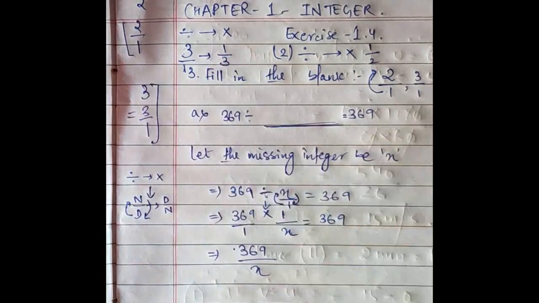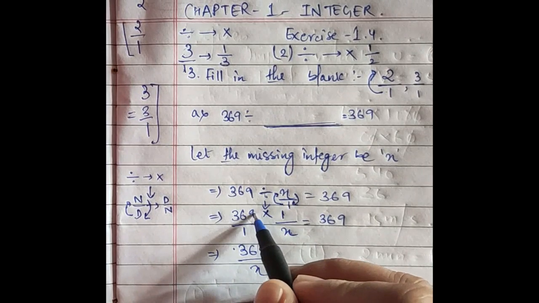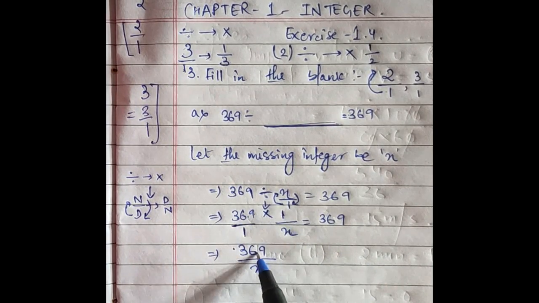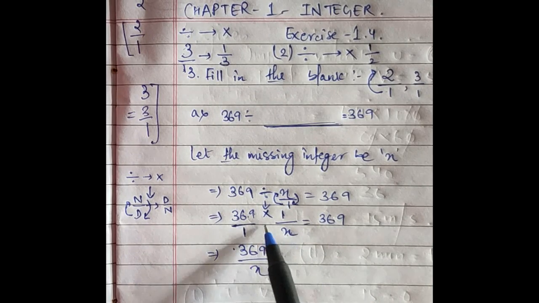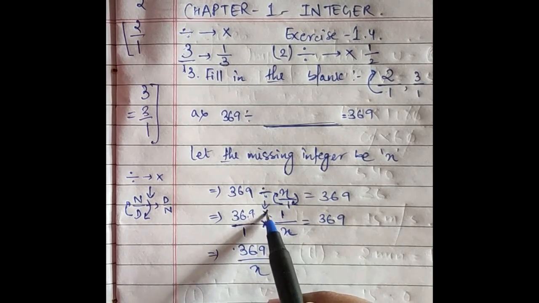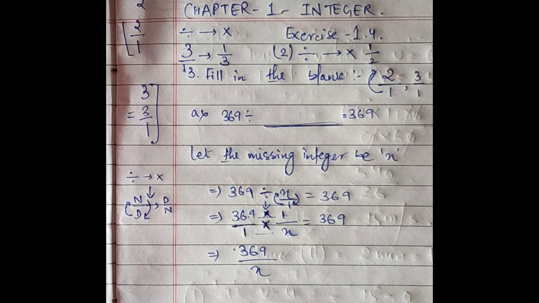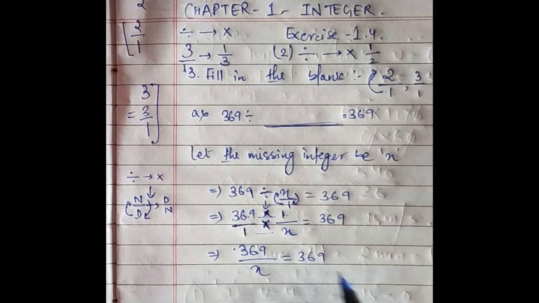Similarly 369 can be written as 369 by 1. So 369 ones is 369 and 1 into x. The multiplication sign is there. I have converted this divide into multiplication, so this multiplication is for both, for this also and for this also. Alright, so is equal to 369.